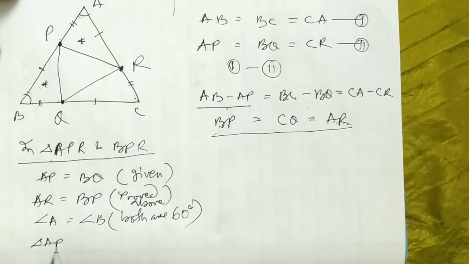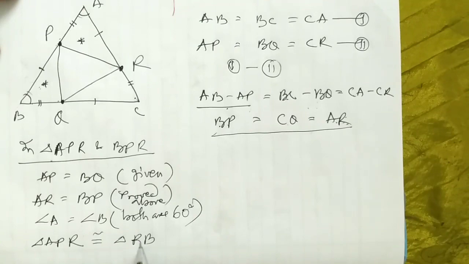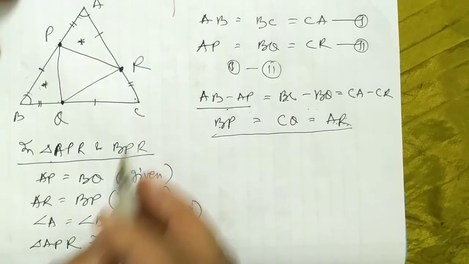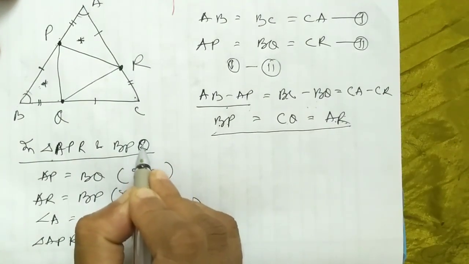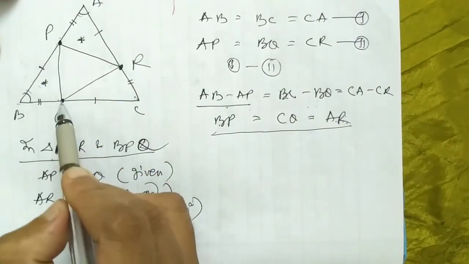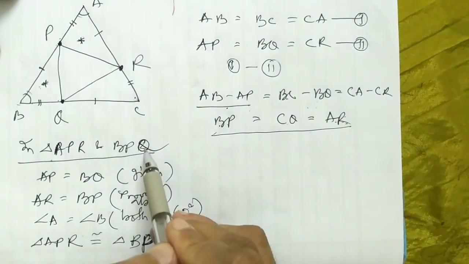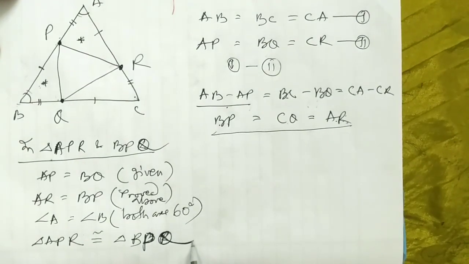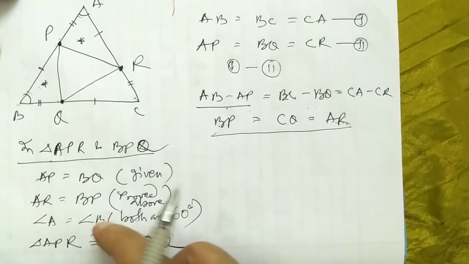Triangle APR congruent to triangle BPQ. Sorry, by mistake I have written R here. BPQ. Fine. Okay. Rest of all the things are okay.